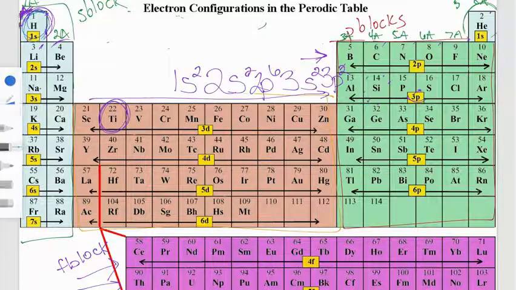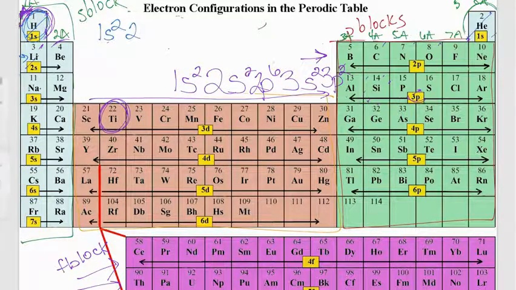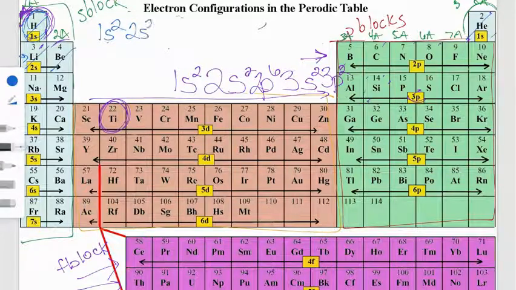We're going to start here with hydrogen. That's row 1, S block, and there's 2 of them. Row 2, S block, there's 2 of them. I'm not done, so I'm going to hop over here. Still row 2, but because I'm going to a different letter, I have to write that 2 again. P, 1, 2, 3, 4, 5, 6. So I'm going to put a little 6. Now I'm finished with row 2.